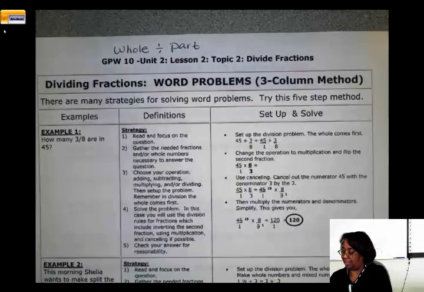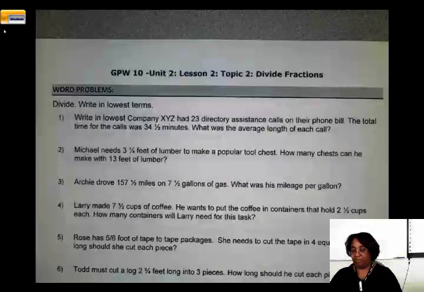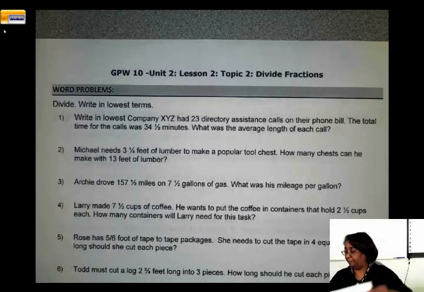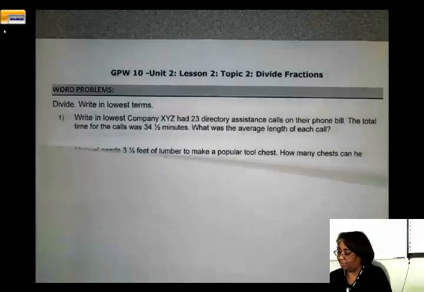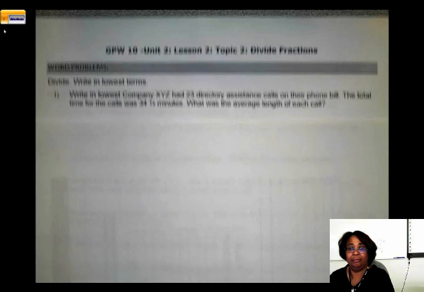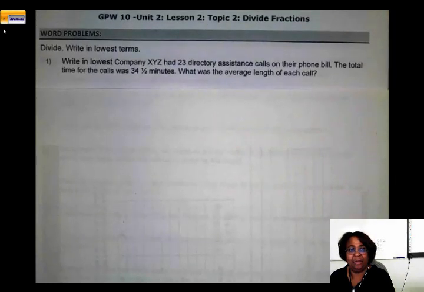What groups do I need to break it into? Let's maybe set up one of these problems so you guys can see how to do that. But look at those examples. There's just some pretty good examples of how you would do it. Okay, let's start with number 1 here. Write in lowest terms.